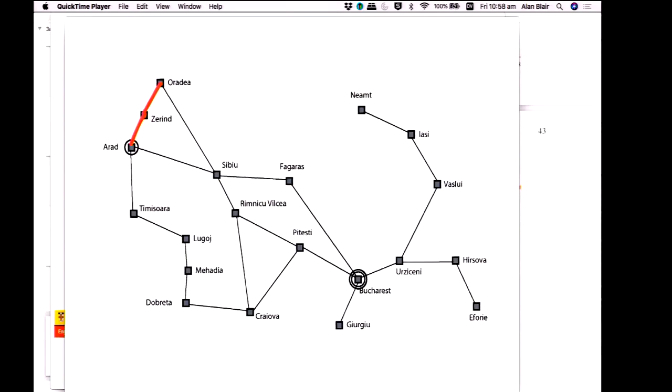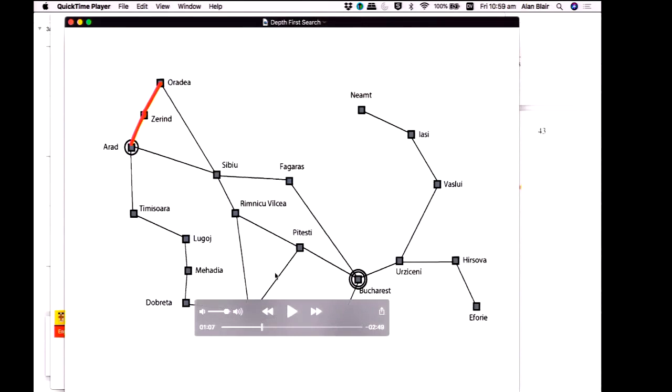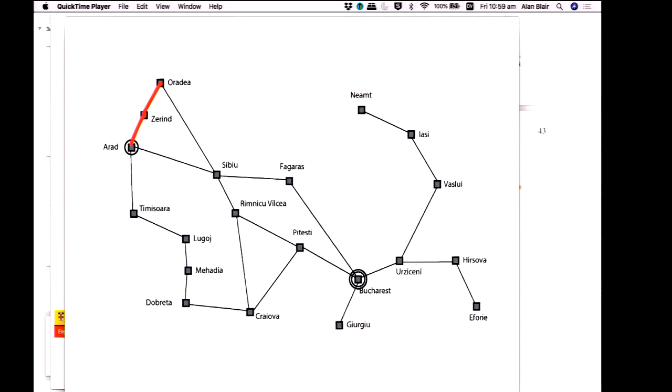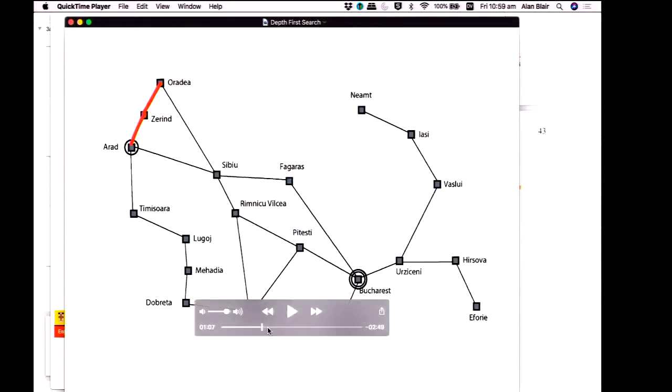Ariadne got her boyfriend to go into this labyrinth and find the Minotaur and kill it and then come back, and he unwound this string as he went. The English word clue actually derives from a very old-fashioned word for a ball of string.